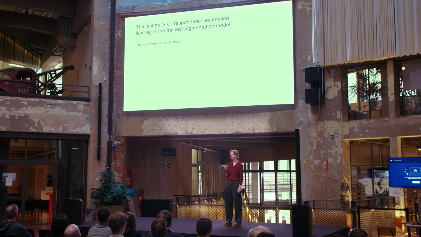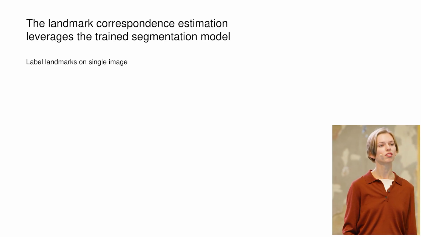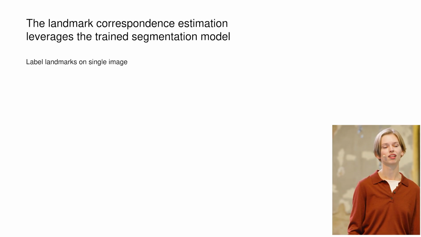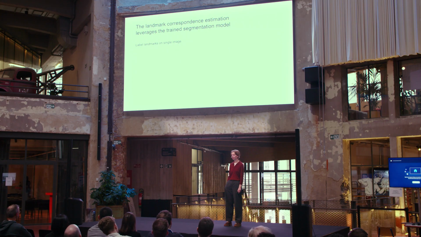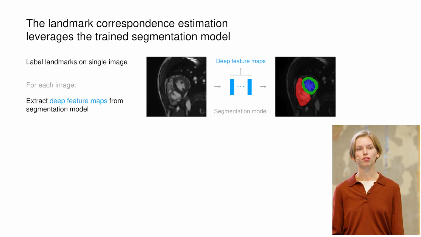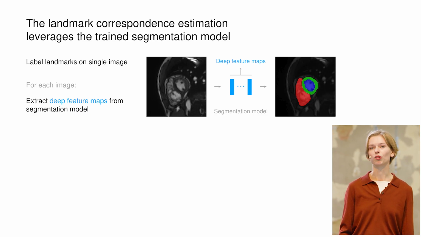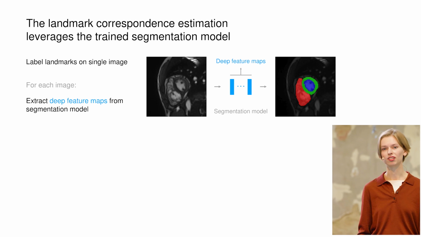So our approach consists of a few simple steps. First, we require that the relevant landmarks are labeled on one single image, so we minimize the label effort. Then, for each image, we extract its deep feature maps from the trained segmentation model, since these maps contain useful representations.